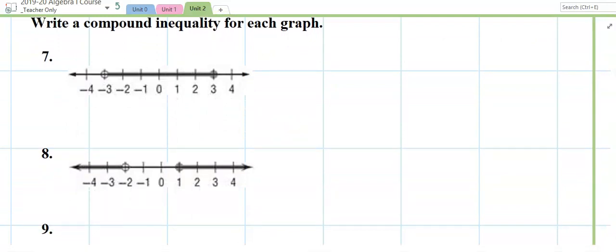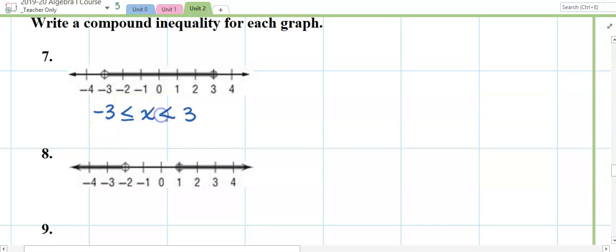Let's go backwards. Let's write a compound inequality for this graph. Whenever you have the shading in between 2 points, we can simply write the numbers and put the x in between them. -3 is smaller than x, which is smaller than 3. -3 is less than x, is less than 3.